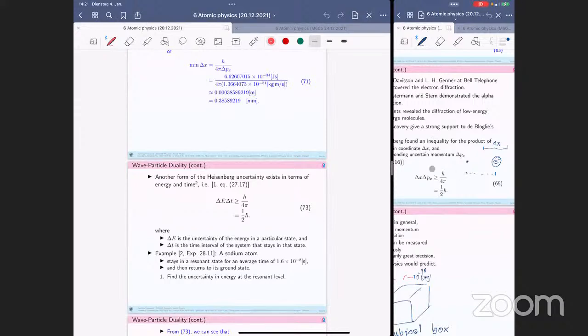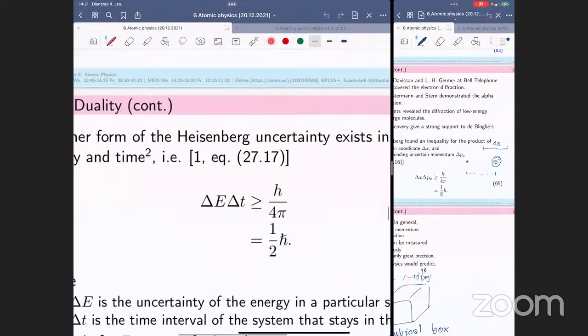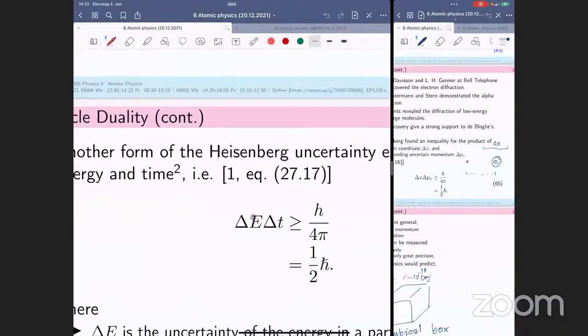The Werner Heisenberg uncertainty also involves the energy and the time, and the detail is the following: the product of the uncertainty of the energy, denoted by delta E, and the uncertainty of time, the period of time which is not sure, which is in doubt.